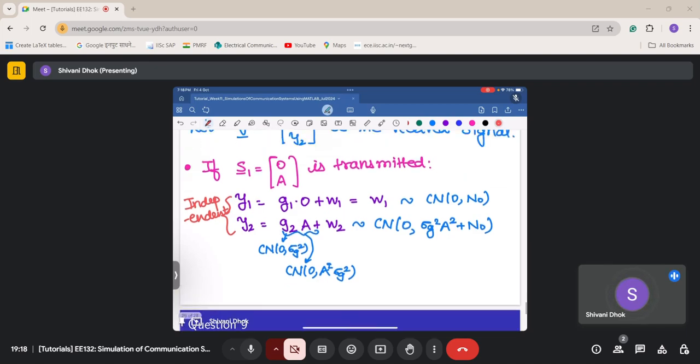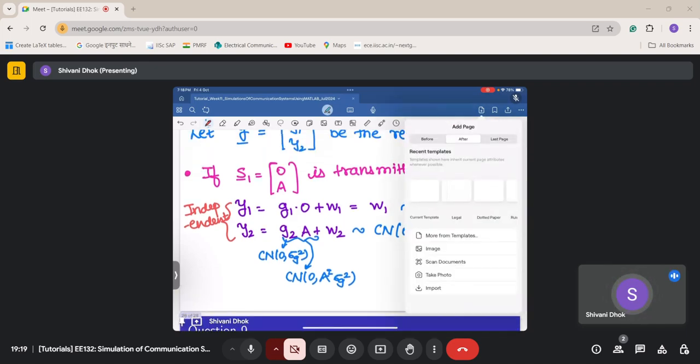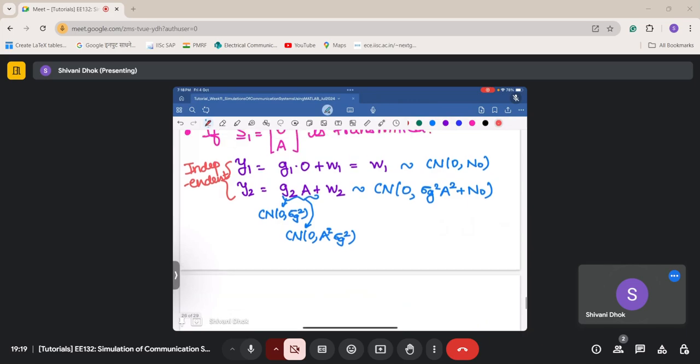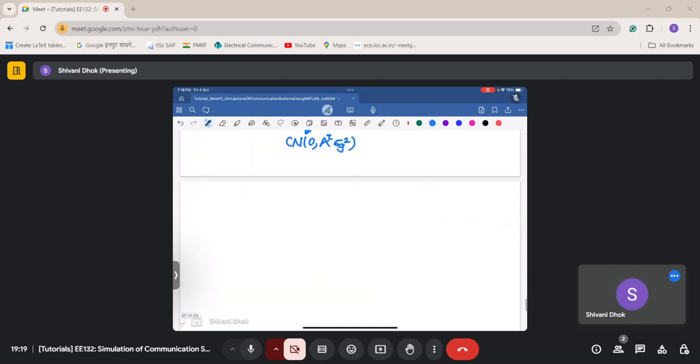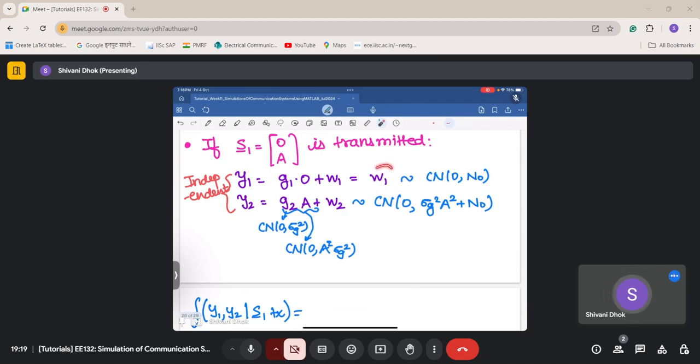Okay, so this is for the case when S1 is transmitted. Let us do one more step. We'll write the joint density of y1, y2 given S1 is transmitted. That will be equal to the PDF of this quantity multiplied by the PDF of this quantity, because both of them are independent.